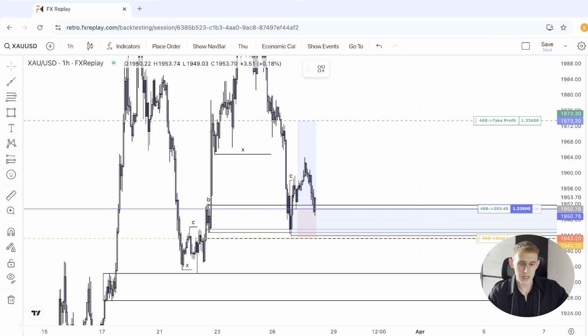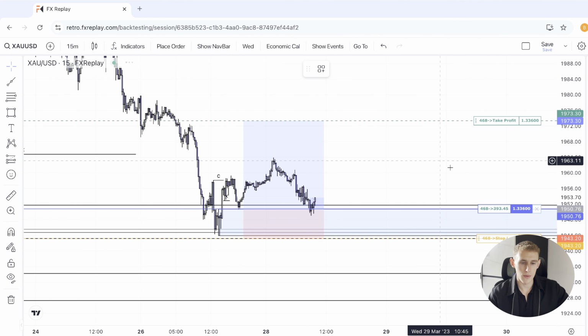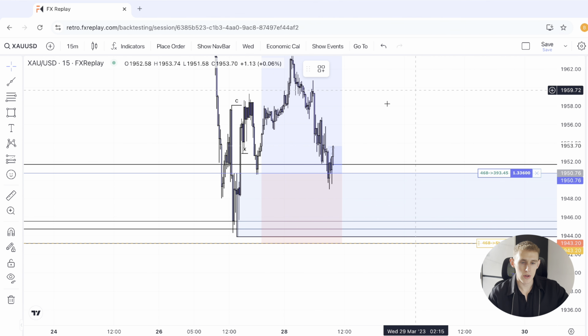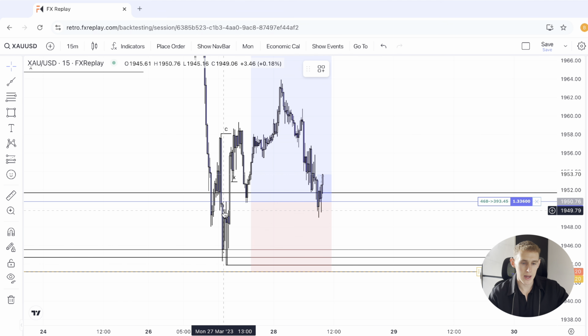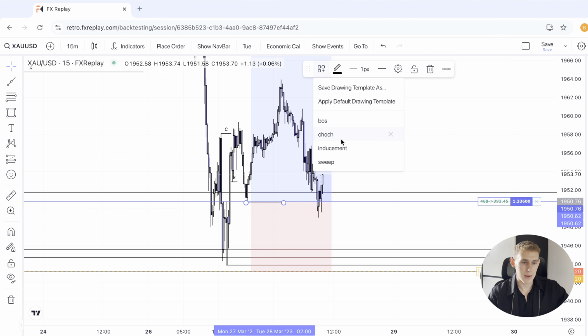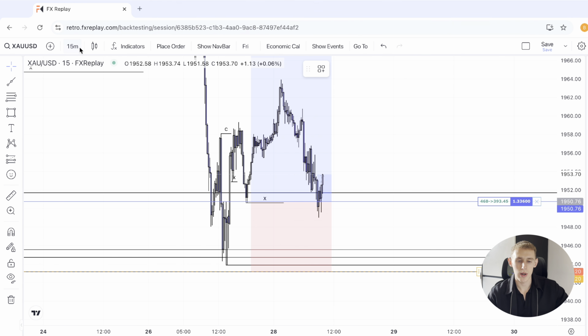If you miss the initial entry, this would be when I would look for a second entry possibility because you've retested into this demand, swept that initial tap of the zone. So I would look on the 5-minute here if I wasn't in this initial entry.